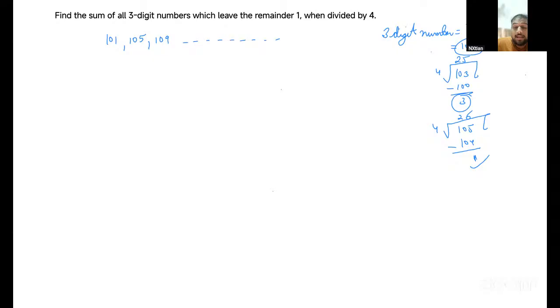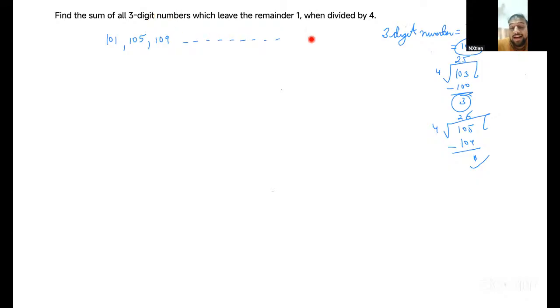We need a number that gives a remainder 1 when divided by 4. 100 is divisible and 1 will be left, and that is the remainder, so the first number will be 101. Like this, the second number will be 105. So 101, 105, 109, 113, like this it will go.